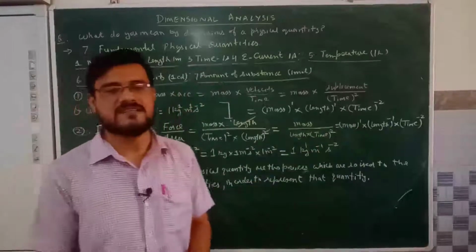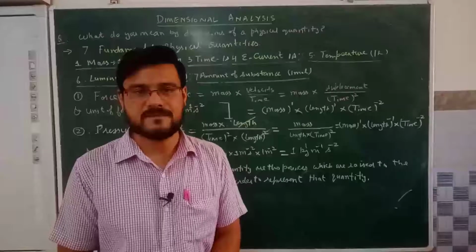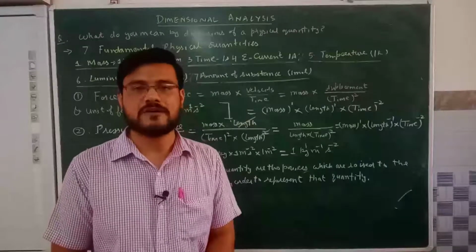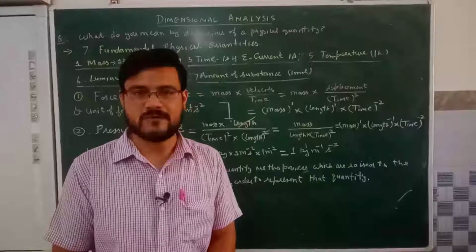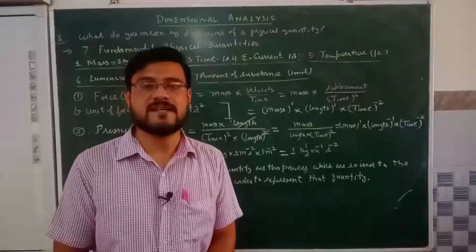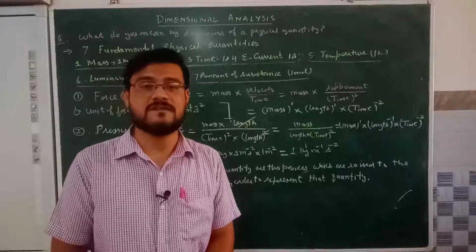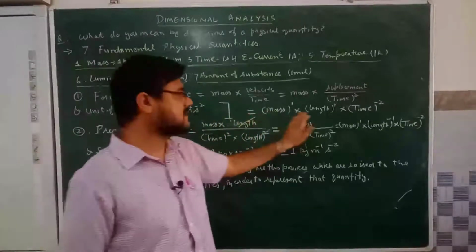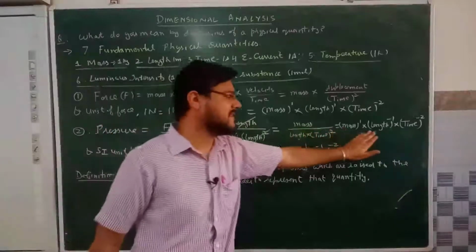So the dimensions of a physical quantity are the powers to which the fundamental physical quantities are raised in order to express the given derived physical quantity. What is their importance? They help us know which of the 7 fundamental physical quantities a given derived physical quantity depends upon. For example, force depends upon mass, length and time, and similarly pressure also depends upon mass, length and time.